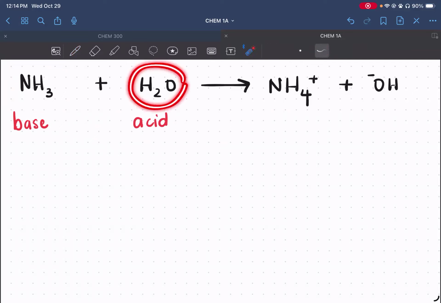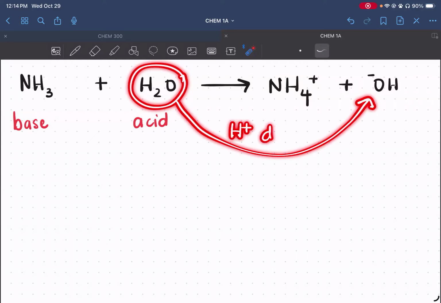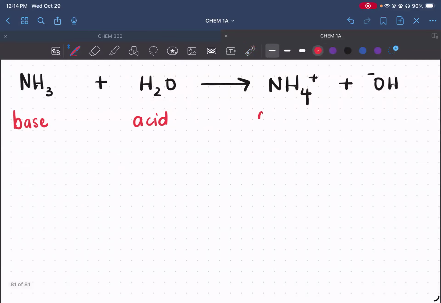Prove it to ourselves. We start with H2O and we end up with OH minus. Here, what we see is that the water is donating the hydrogen. On the product side, we can immediately write the word conjugate because we know conjugate means product side. And we apply the same logic.